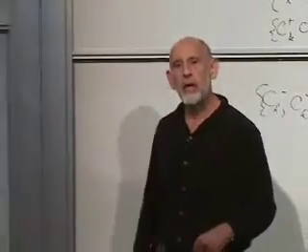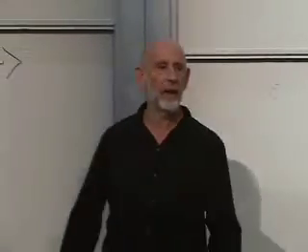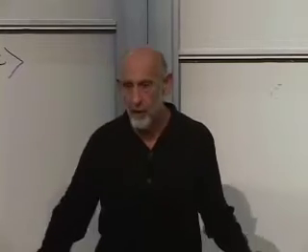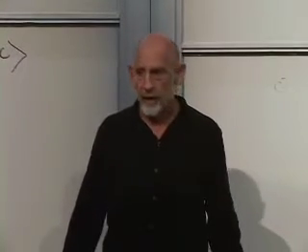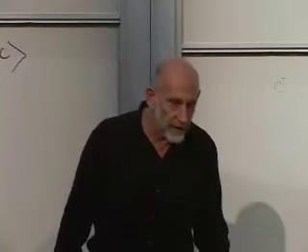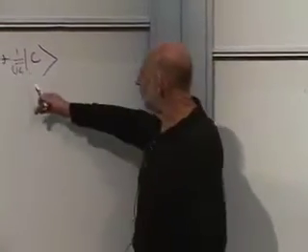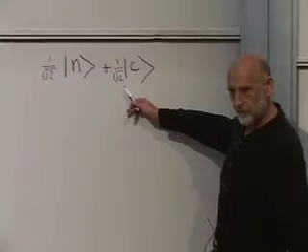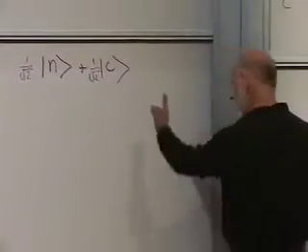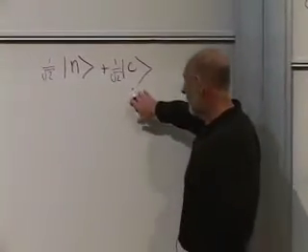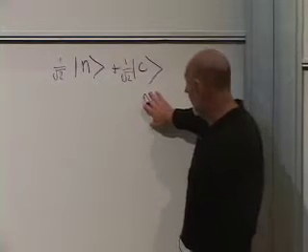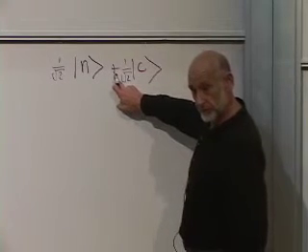This is a state of an electron which has equal probability of being in Nevada or Connecticut. It's a quantum state, and if you look for that electron, you'll either find it at the center of Nevada or at the center of Connecticut with an equal probability. Incidentally, there is another state like this, which is orthogonal to it, which has a minus sign here.